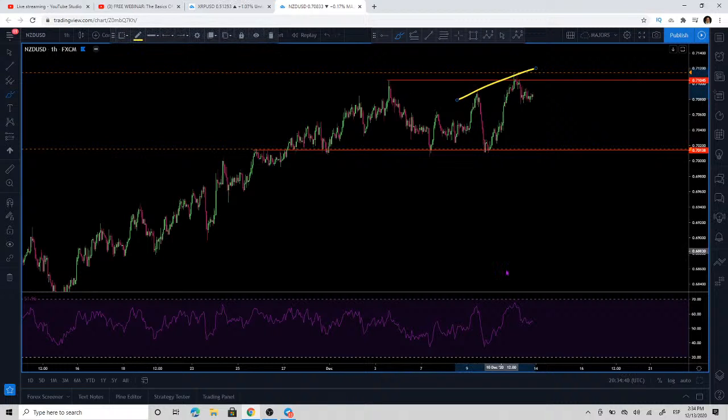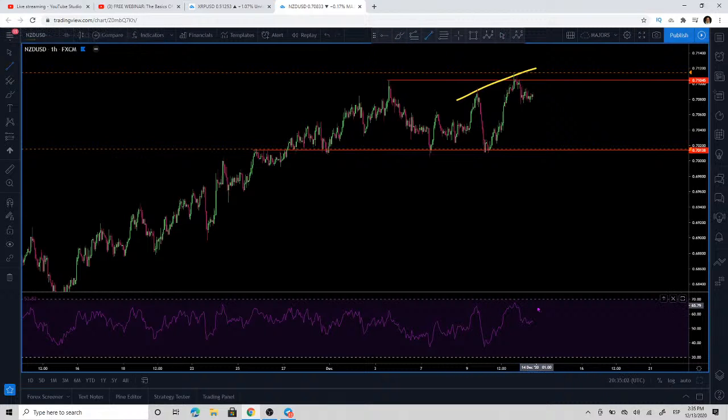Now let's have a look at this. The New Zealand dollar versus the US dollar, the Kiwi USD, has made a lower high and a higher high, and the oscillator is still making higher highs, right? Kind of a flat high here, if you ask me, and this could be an actual sign of a reversal in play.